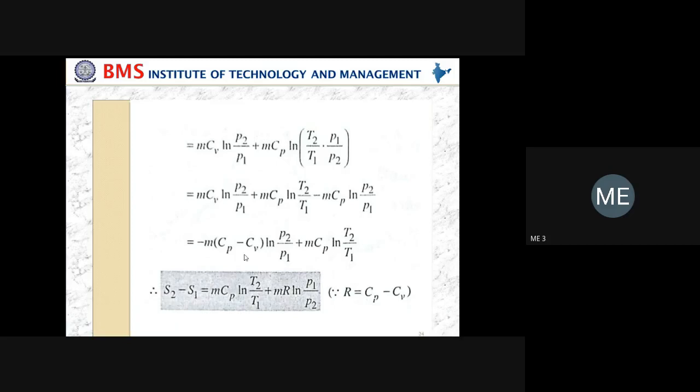If you are taking minus, write P2 by P1, and if you are taking plus, write ln of P1 by P2. So this is the standard equation for entropy change during any general process and also for a polytropic process in terms of P1, P2 and T1, T2. These are the three equations.